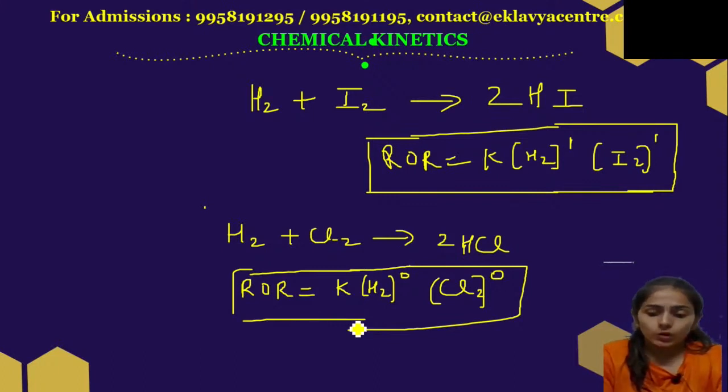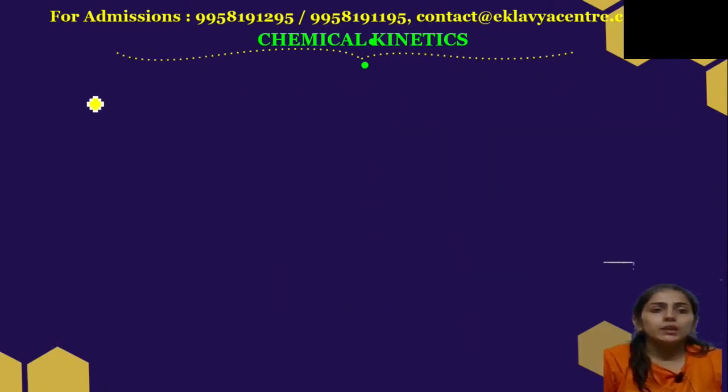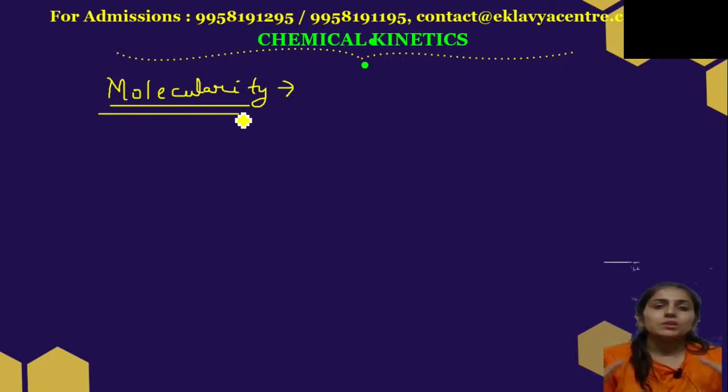Now the next topic which we have to study is molecularity of a reaction. What is molecularity? Molecularity is the number of reacting species taking part in an elementary reaction which must collide simultaneously to bring about a chemical change.